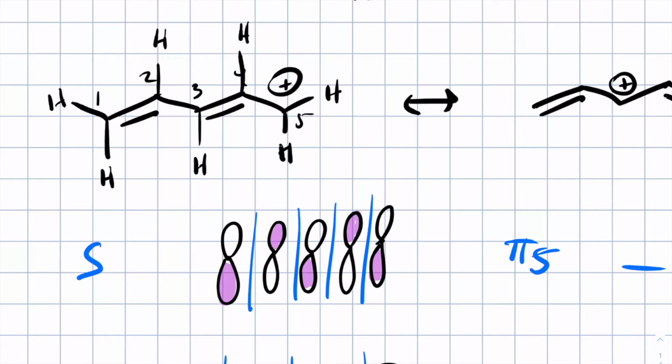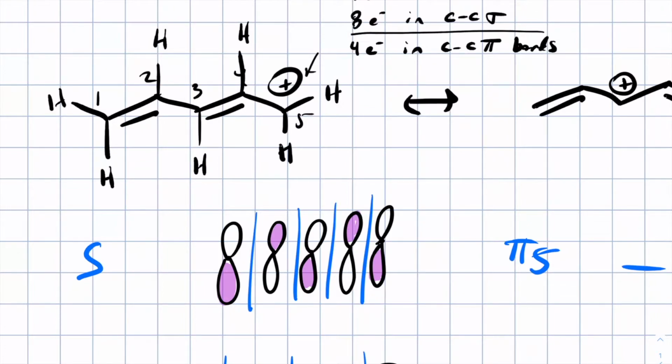We have, let's see, 1, 2, 3, 4 carbon-carbon sigma bonds, so 8 electrons in the carbon-carbon sigma bonds. And then I have 4 electrons in carbon-carbon pi bonds, and there are none on carbon 5 because of the positive charge.